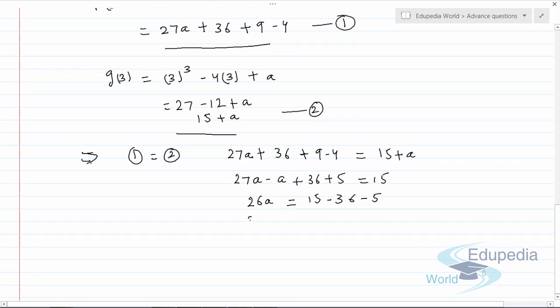So 26a will be equal to 15 minus 41, which is minus 26, because the number 41 is bigger. So we divide 26 by 26, and the value of a is minus 1.